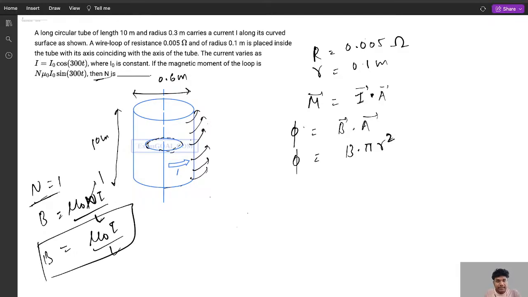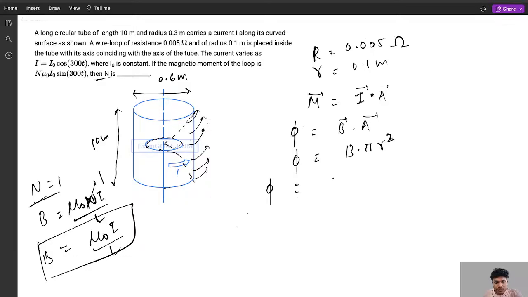As it is a whole single wire, we can consider it this way, or you can go through the integration. This is a simple method to understand this. Don't make it more complicated, keep it simple.